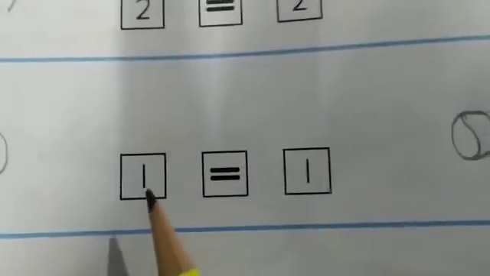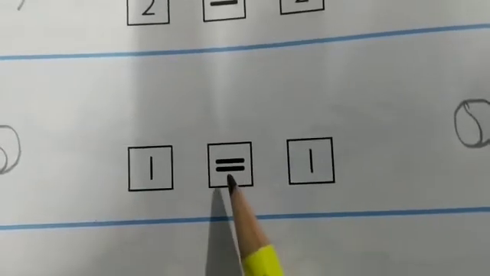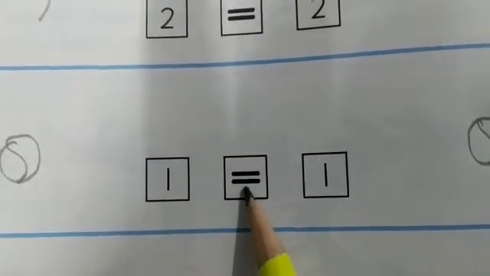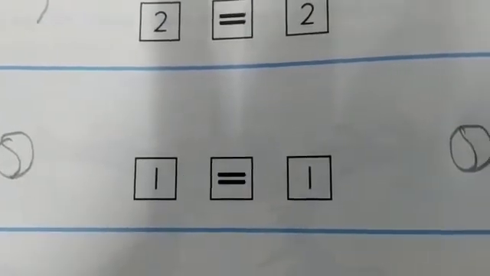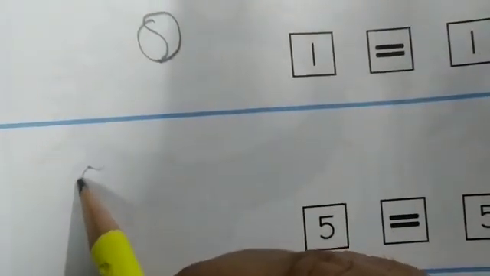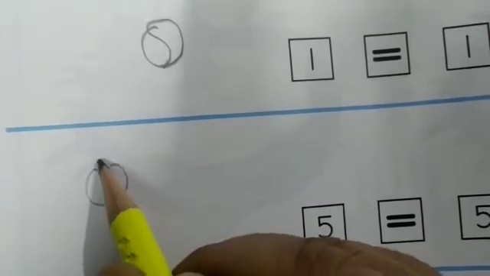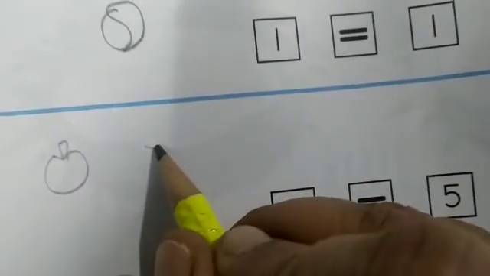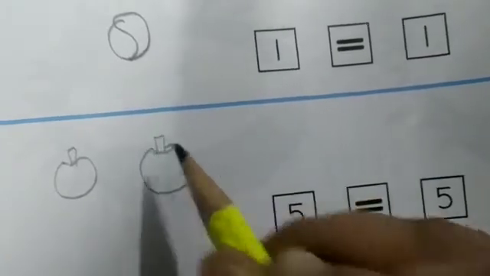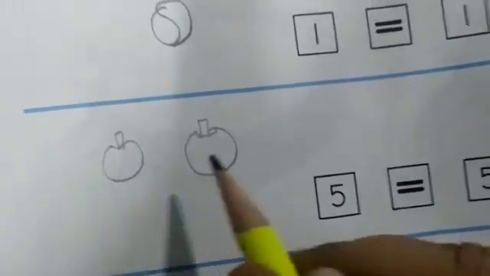Come on, read. 1 equal to 1. Next, number 5. Now let's draw 5 objects. One, two.